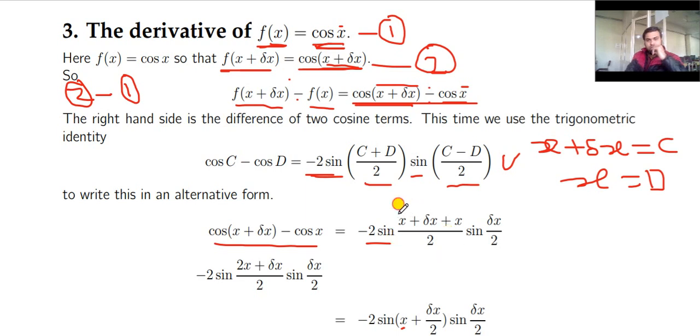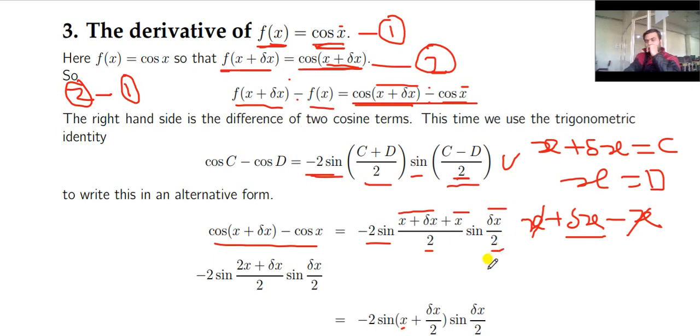So your c is x plus del x and your d is x, so c plus d divided by 2, into c minus d. So your c is x plus del x minus d, d is your x. So this x and this x are cancelled. What is remaining? Del x. So del x comes on top and c minus d by 2, so 2 comes in the denominator.